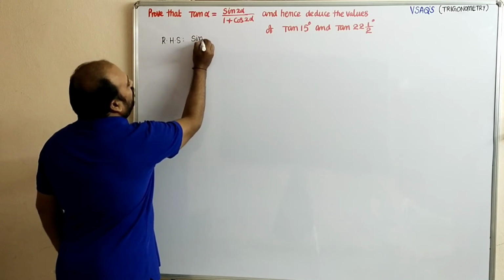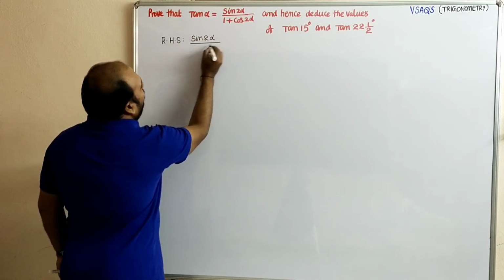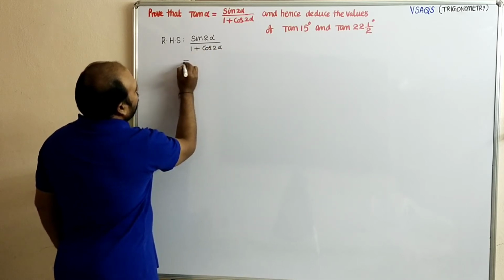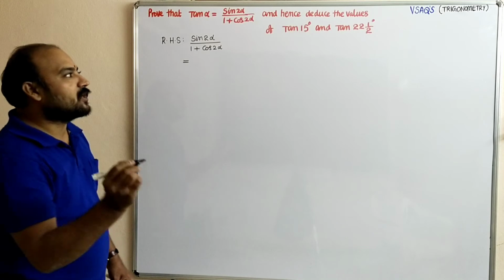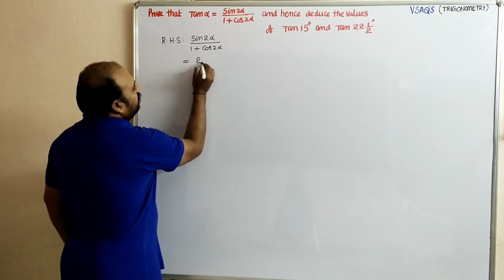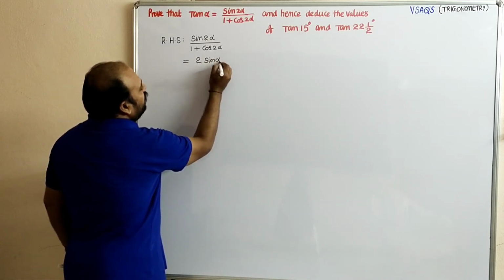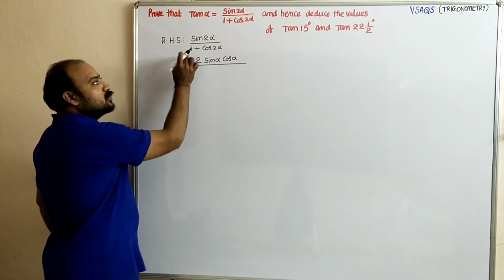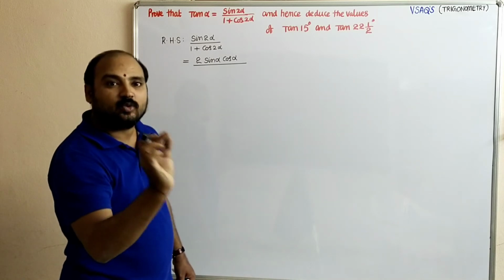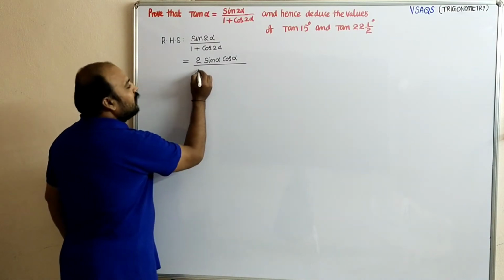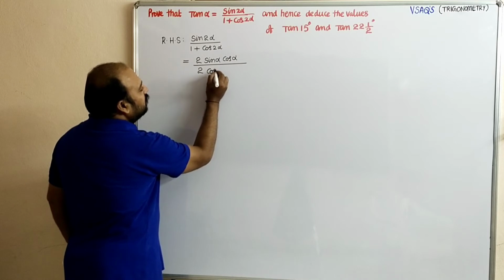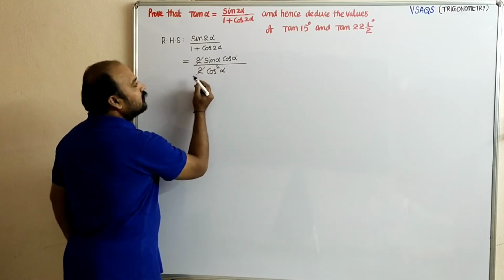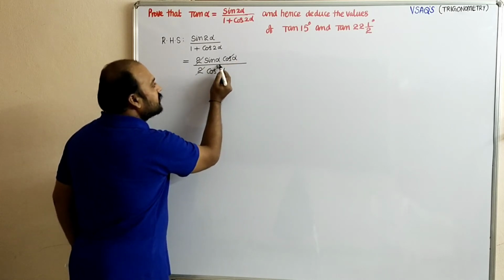Sin 2 alpha divided by 1 plus cos 2 alpha, which is equal to, by the sin 2 alpha formula, 2 sin alpha cos alpha divided by 1 plus cos 2 alpha. 1 plus cos 2 alpha is 2 cos square alpha. So 2 gets cancelled, and one of the cos alpha also gets cancelled.